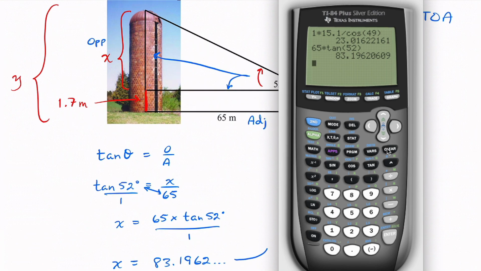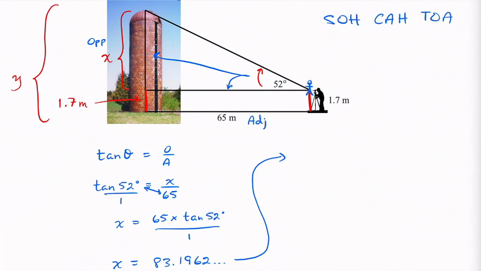Next, I'm just going to bring my work up here. Just got to move my calculator out of the way. Okay, so we were wanting to find y, if you remember, that was the total height, and y is going to be equal to that 1.7 meters plus x. Remember, it was 1.7 plus x.